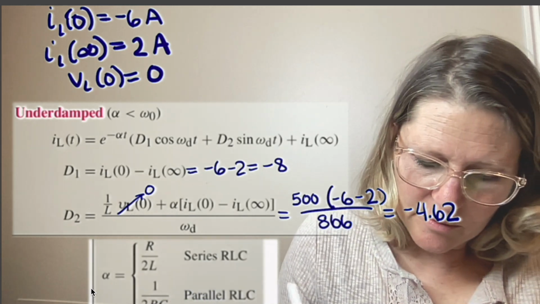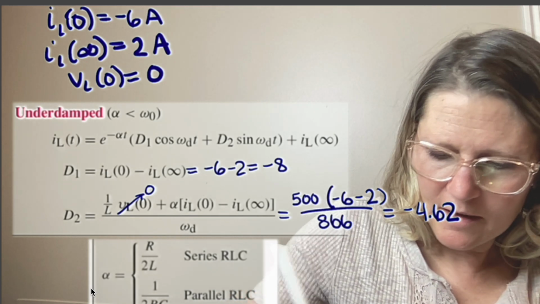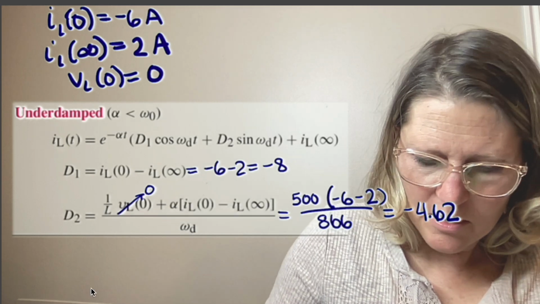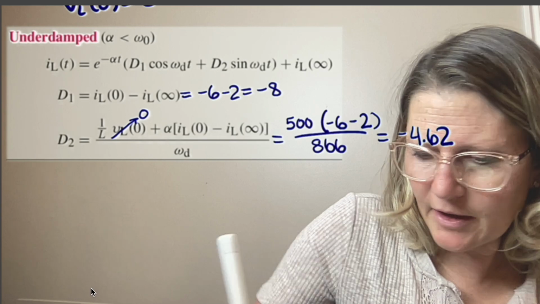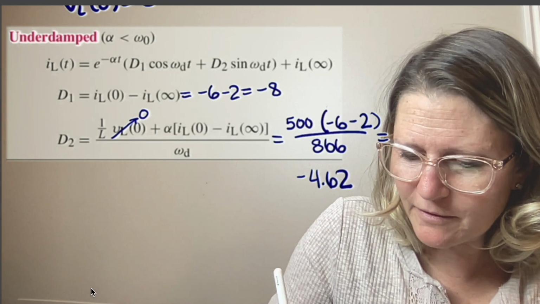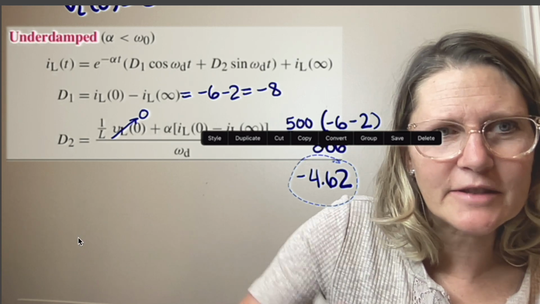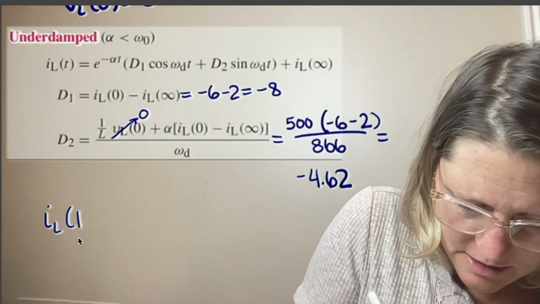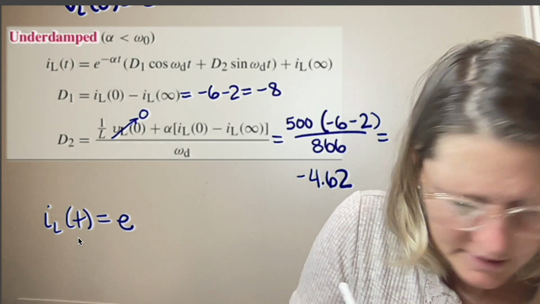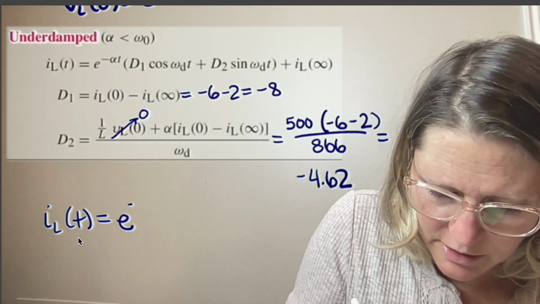And then we have the IL equation. So IL of t is e to the minus alpha t, and alpha is 500.